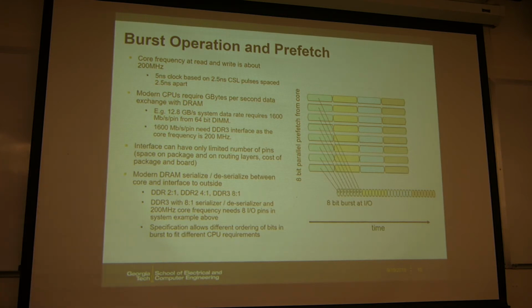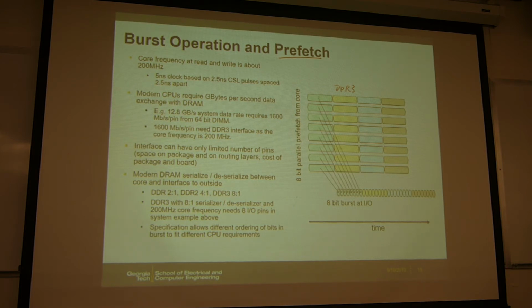So the key idea is to do this so-called prefetch, okay? So for example here, we have DDR3. I think this is an example for DDR3. So what you want to do is to prefetch the data from, for example, these 8 banks.